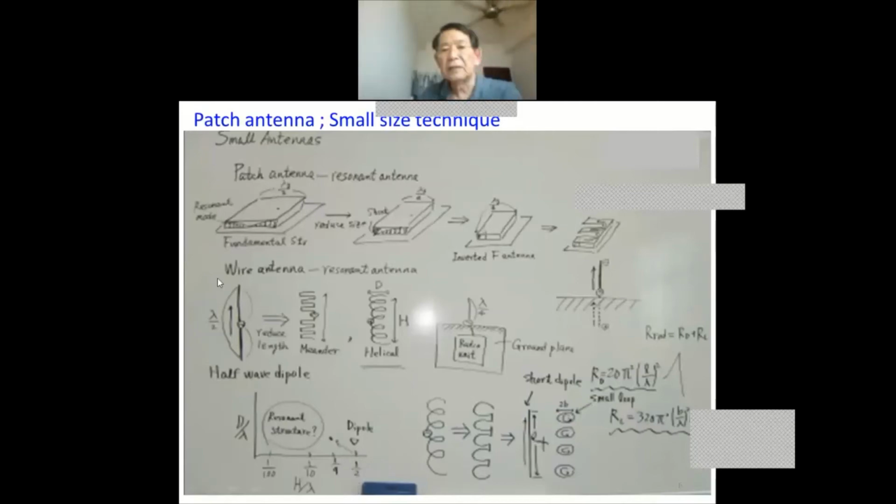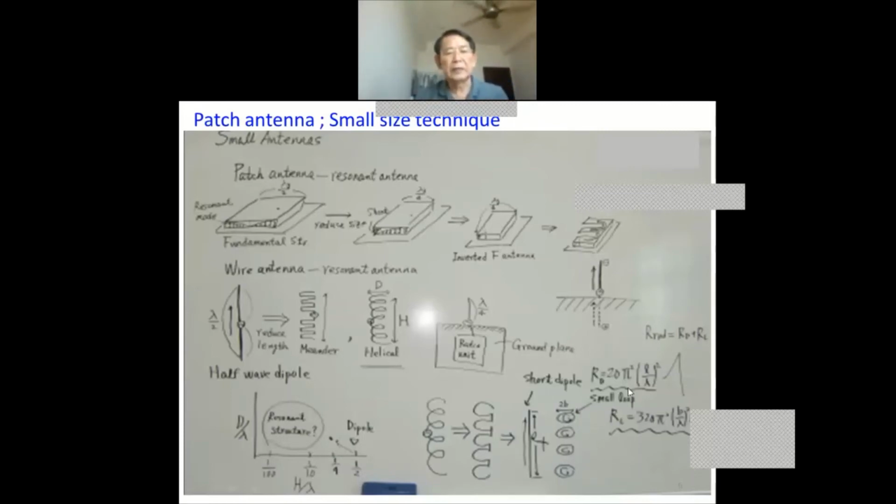This horizontal line is the antenna height. A half-wave dipole, and both are 1/10 and very small. This can be achieved by this meander or helical structure.